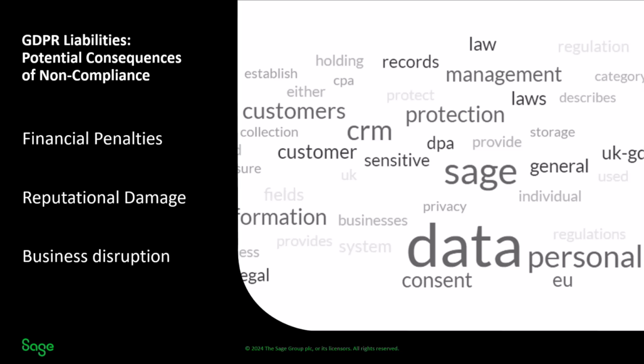Now, I particularly liked, when I was preparing for this, that the document just glossed over the idea that there were significant financial penalties. Well, in the context of the European Union, and remember, you might well be a North American company, but if you're processing European citizen data, then in theory the European Union could impose a fine of up to 20 million euros, or 4% of a company's global annual turnover, whichever is higher.